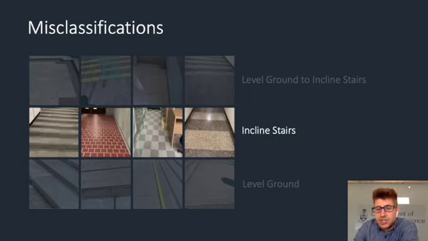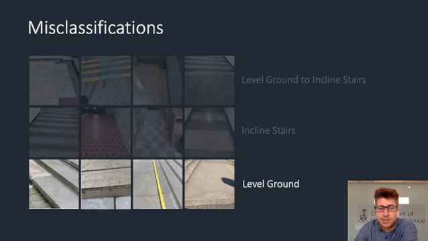The images in the middle row were misclassified as inclined stairs, again likely due to these horizontal line features, but this time spread throughout the image. And finally, the images in the bottom row were misclassified as level ground terrain.